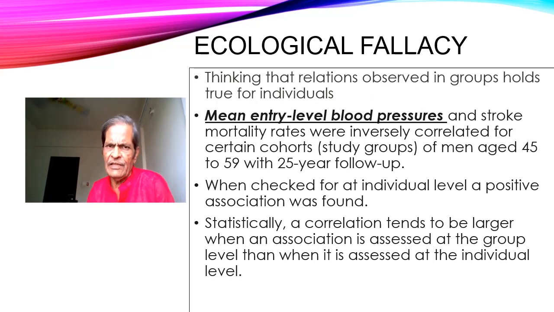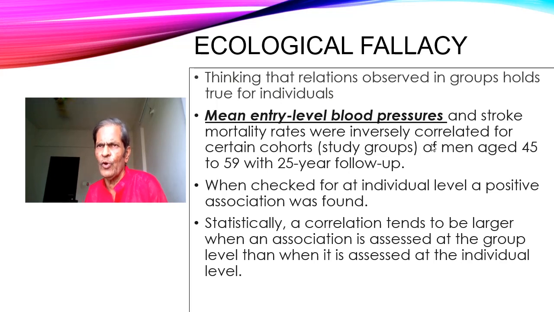In one study, they tried to show an association between blood pressure and the occurrence of stroke. There they found that the mean entry level blood pressure, meaning the blood pressure found at the time of entry in the study, and the stroke mortality rate were inversely related.